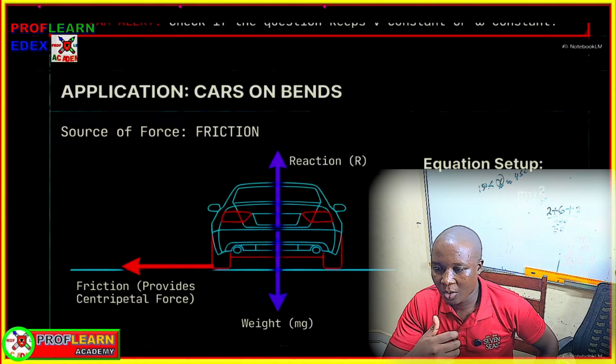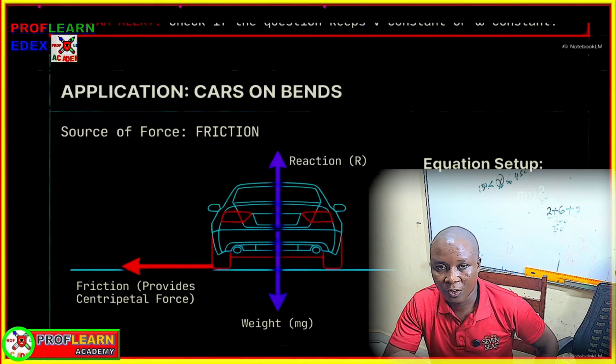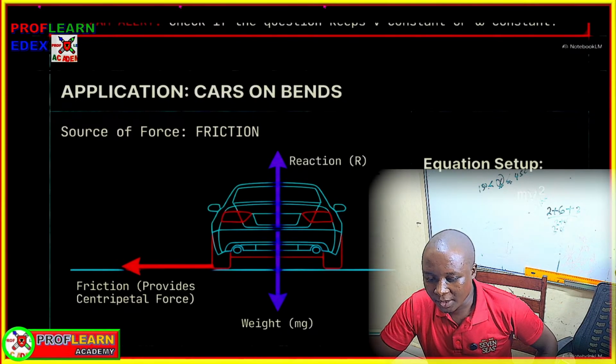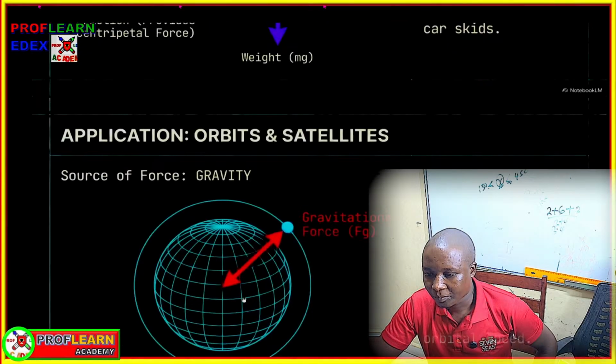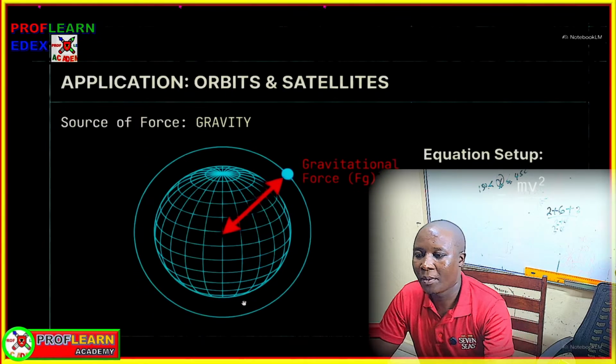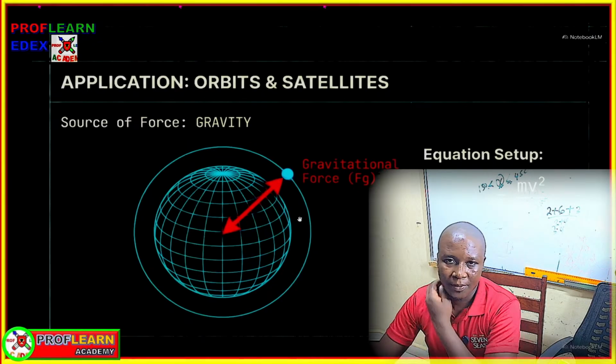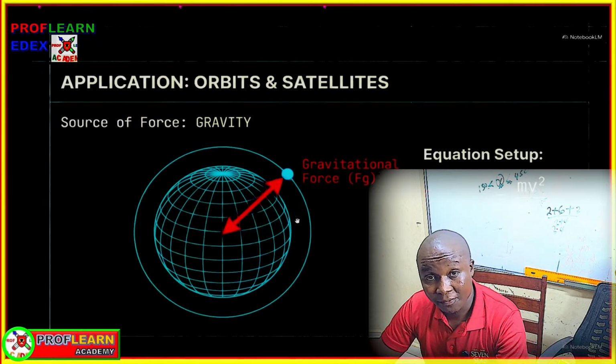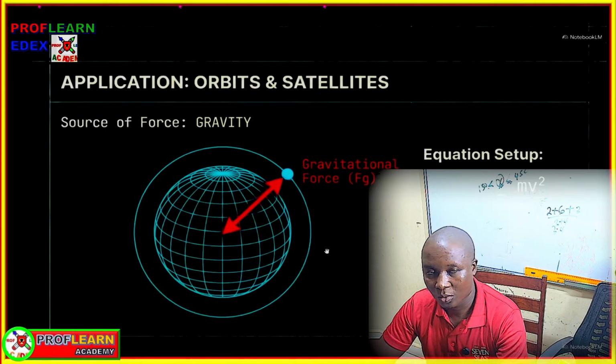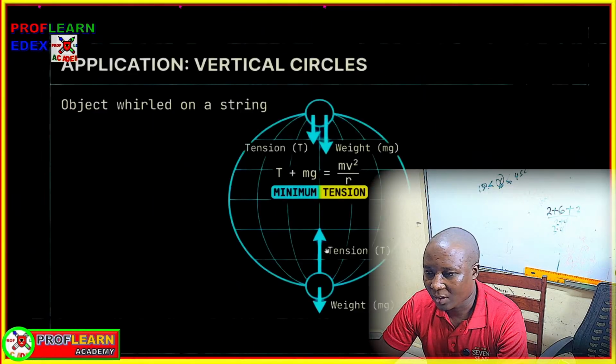When we are talking about a car that is negotiating a flat corner, then we are going to realize that centripetal force is provided by the frictional force between the wheel and the road. And when we are talking about an object that is moving around an orbit, such as satellites orbiting around the Earth, the centripetal force is provided by the gravitational force. So we are able to point that out.